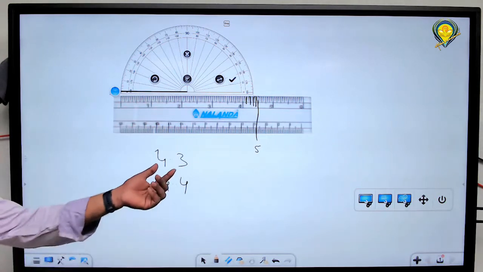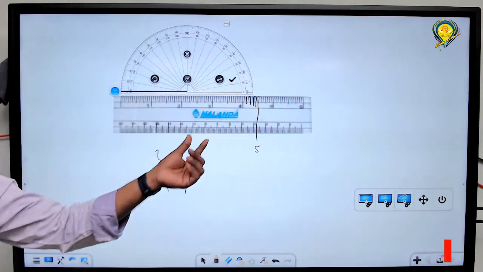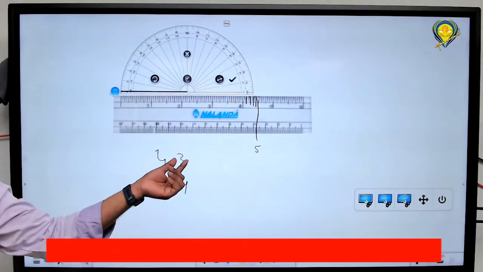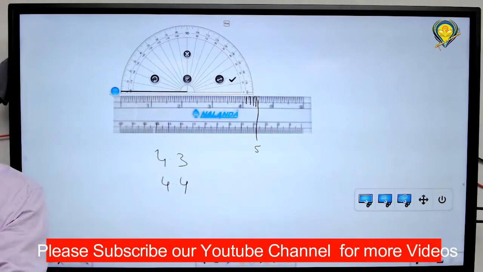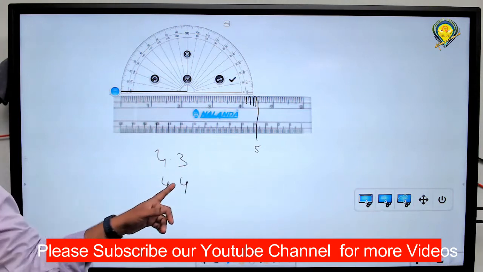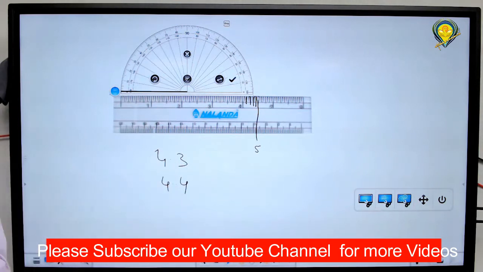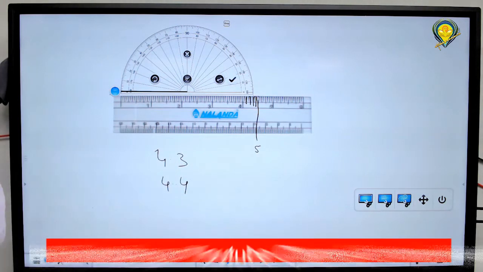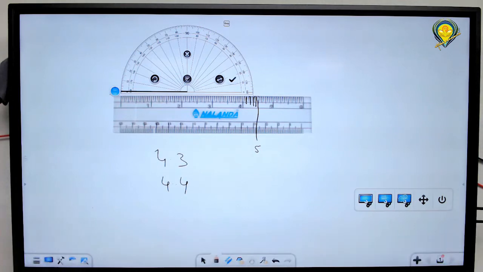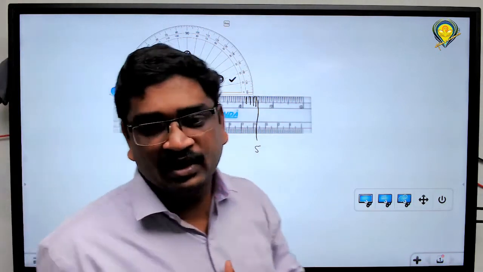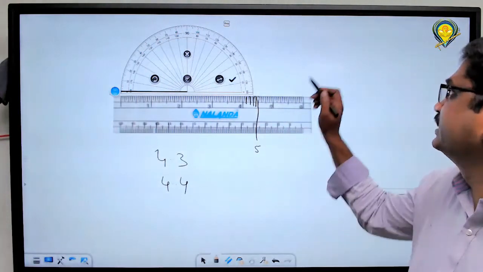So we cannot measure exactly. We can measure up to 1 digit only. By using a normal scale, we can measure up to 1 digit after the decimal point. So either it is 4.4, or 4.2, or 4.3, or 4.6, like that. But by using vernier calipers, we can measure the remaining digit also.